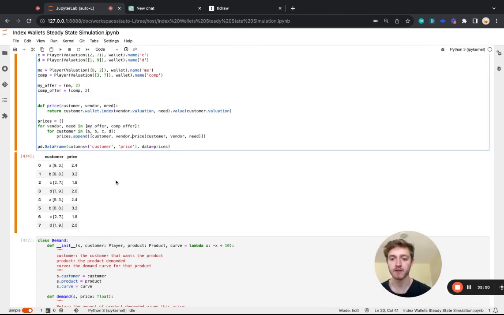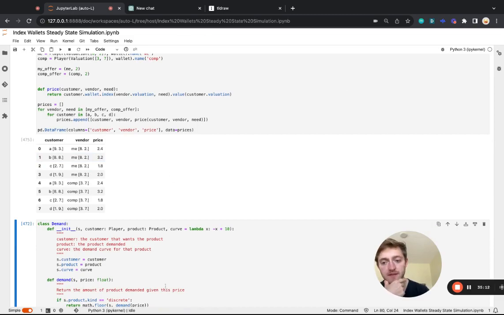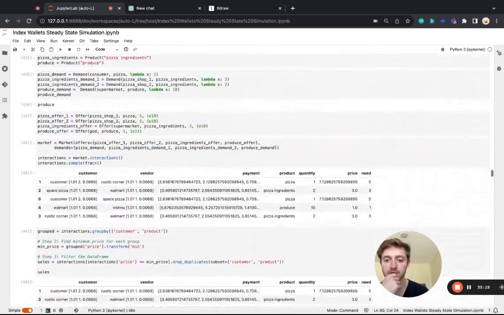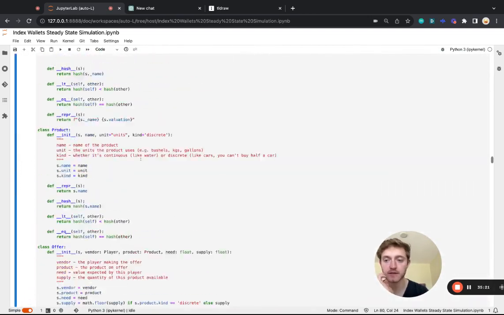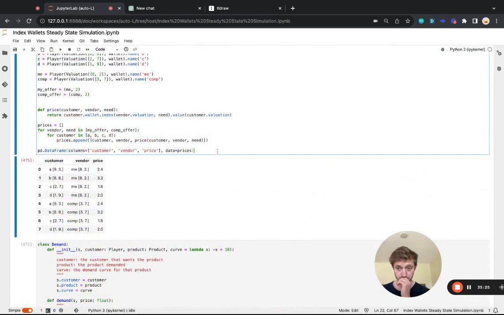Customer vendor, I think. All right. So this is exactly like the kind of data that we're getting in wherever that is. So we have customer vendor price. We've just done it on this little micro scale.